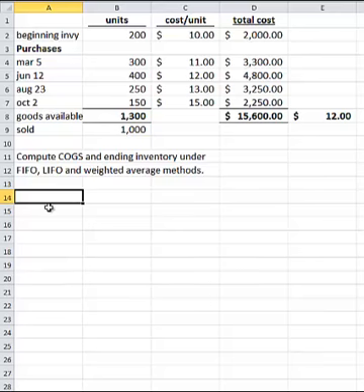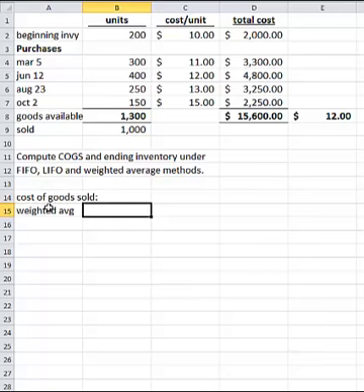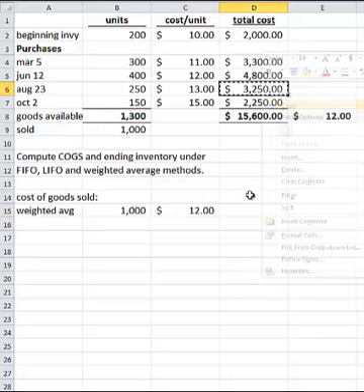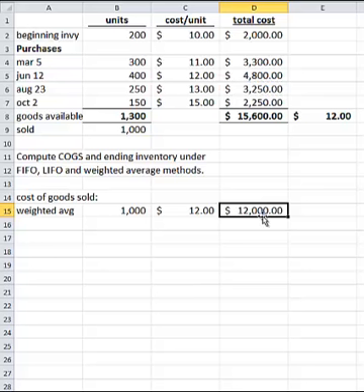So then, if you're going to get your cost of goods sold under the weighted average method, you would take how many units you sold times the cost of those units, and your cost of goods sold under weighted average would be 12,000.